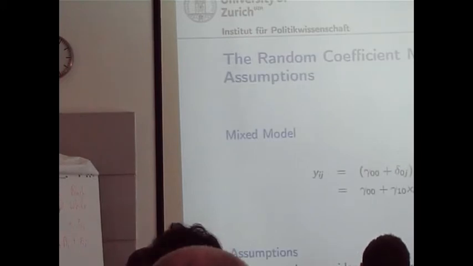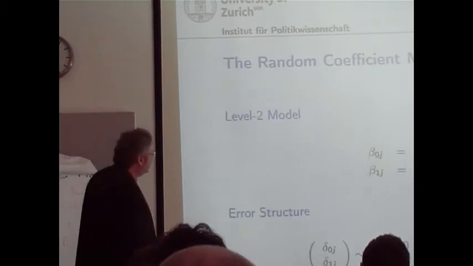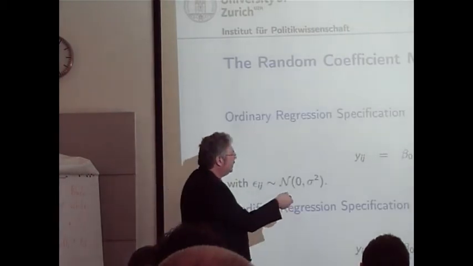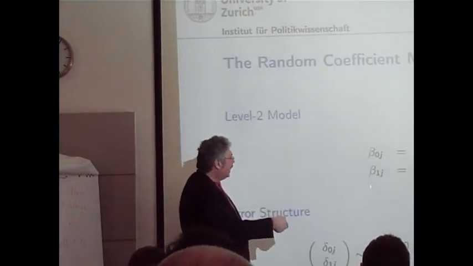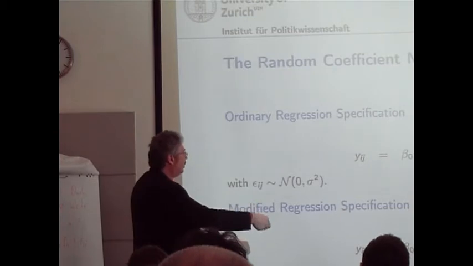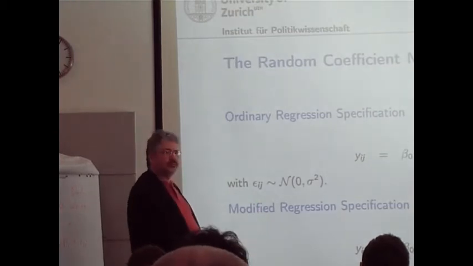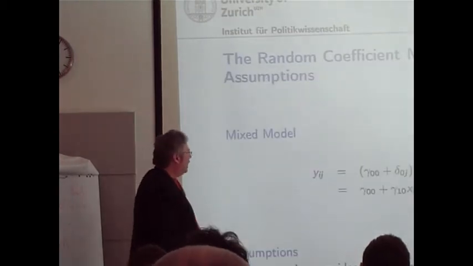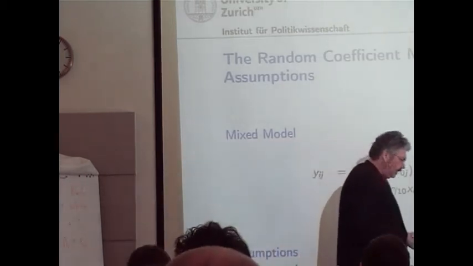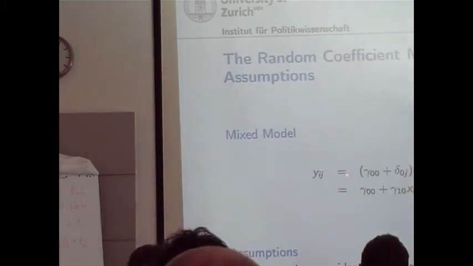Now you can also combine all of this into a mixed model. All you have to do is take these two level 2 equations and substitute them back into this expression. And then you get the mixed model, which in this case can be written as Yij equals gamma 0,0 plus gamma 1,0 xij.